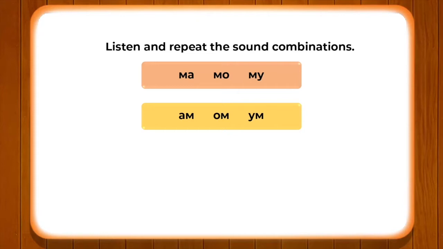Likewise, m and o, mo, and m and u, mu. Likewise, the combination of letter a and m is am, and letter o and letter m is om. Likewise, the letter u and letter m is um.